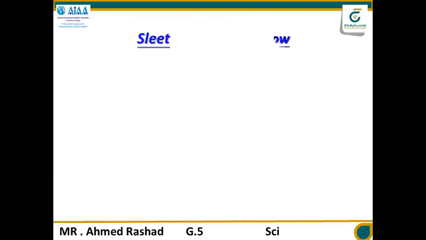And another kind we have is sleet and snow. We should know the difference between the three kinds of frozen precipitation: hail is the largest, sleet, and snow is the smallest.